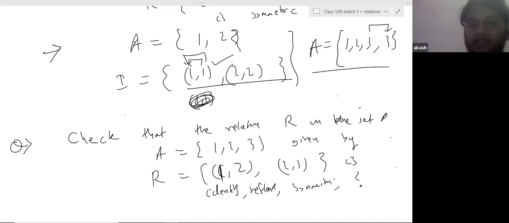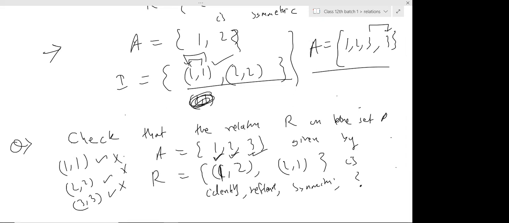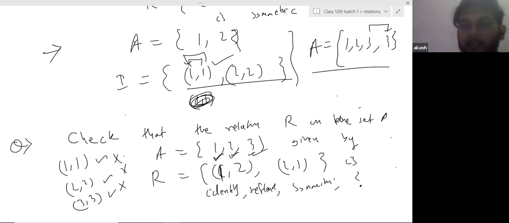See, in reflexive relation, these elements 1, 2, and 3 must be related to themselves. That means (1,1) must be there, (2,2) must be there, (3,3) must be there. Just look at all the elements. If anyone is missing, then this is not reflexive. So, sir, my answer is wrong here. Right, this is not reflexive.